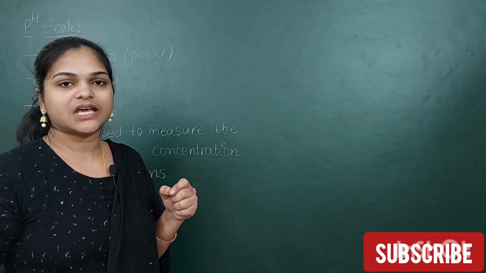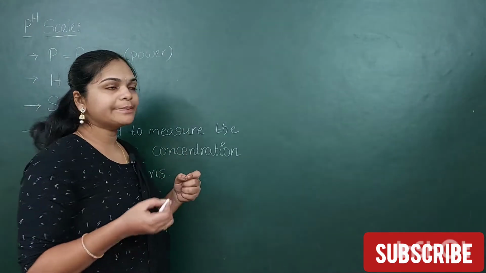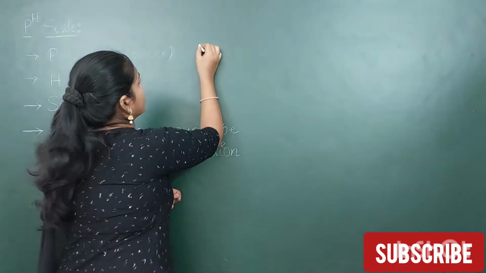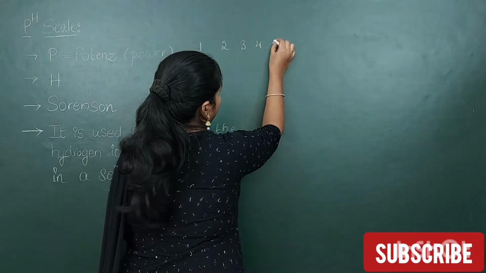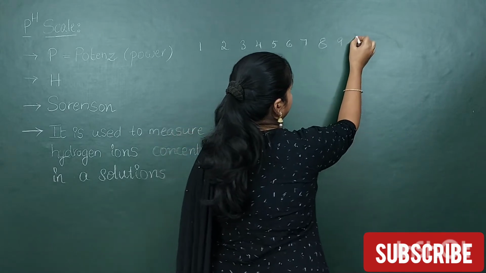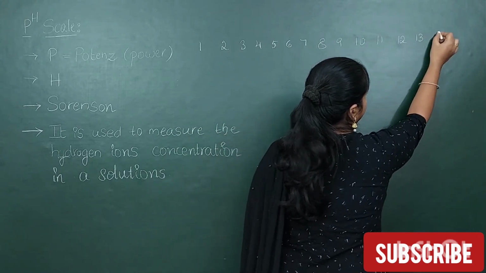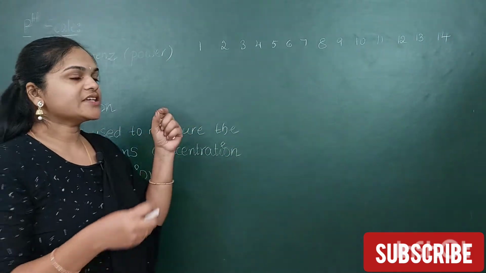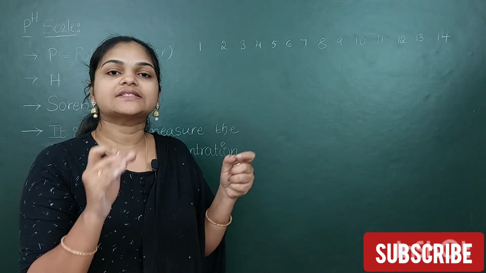How many numbers does it have? 14 numbers: 1, 2, 3, 4, 5, 6, 7, 8, 9, 10, 11, 12, 13, 14. Based on these values we can determine whether the solution is acid or base.